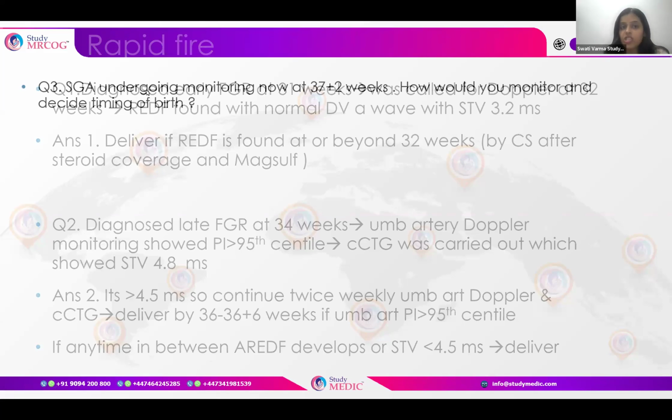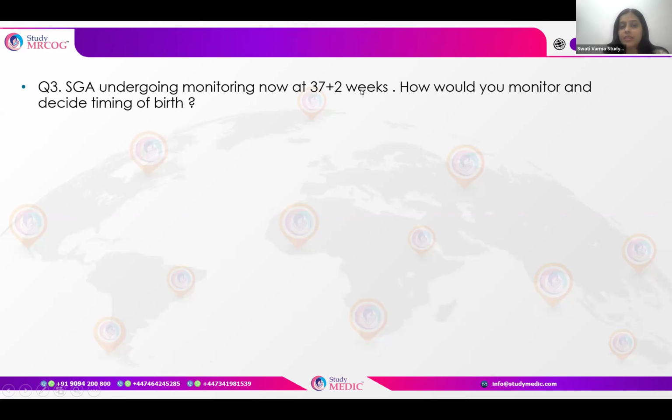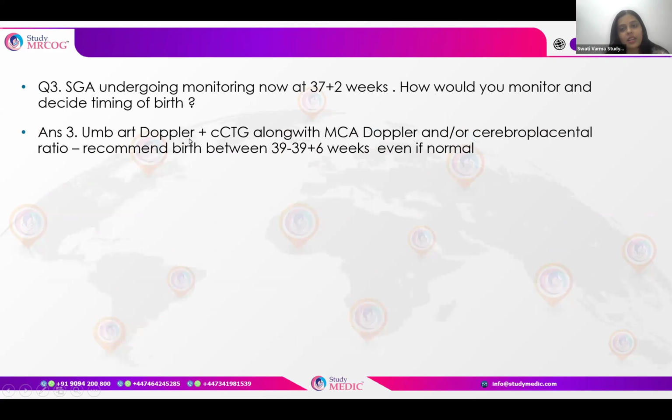If SGA is undergoing monitoring and she is at 37 plus 2 weeks, how would you monitor and decide the timing of birth? You will monitor with umbilical artery Doppler, CTG, along with MCA Doppler and/or cerebroplacental ratio. Means umbilical artery Doppler is to be used, and if any confusion is there, you can use MCA Doppler and/or cerebroplacental ratio to decide the timing of birth beyond 37 weeks.